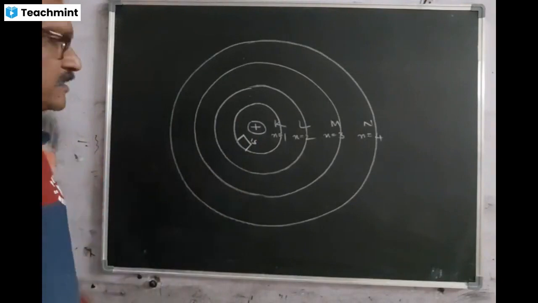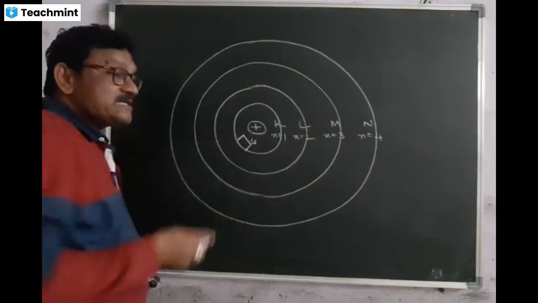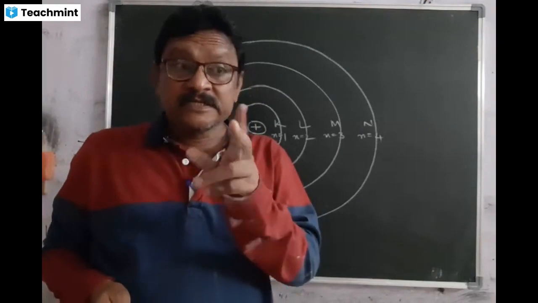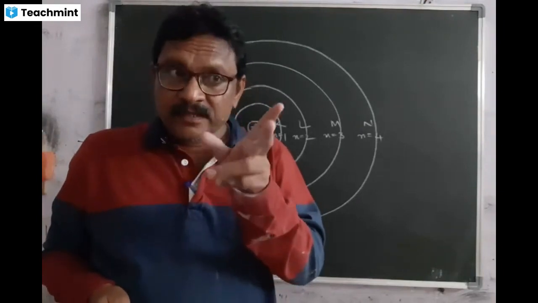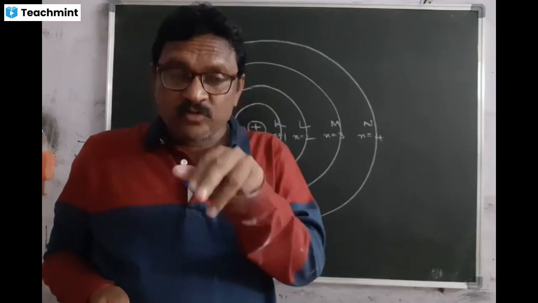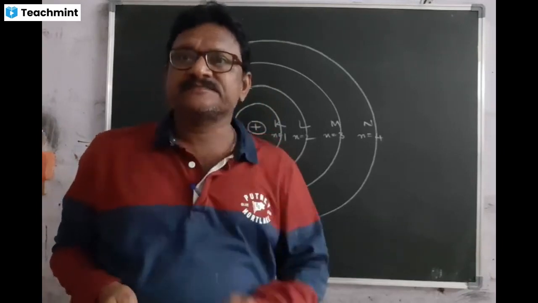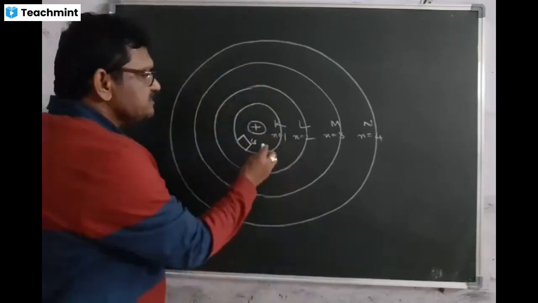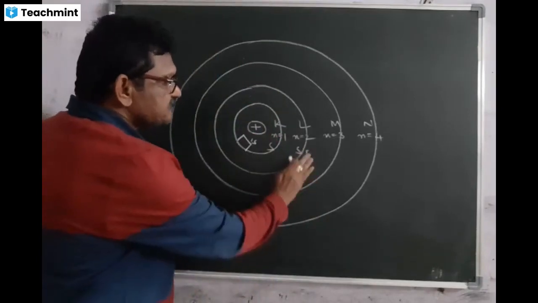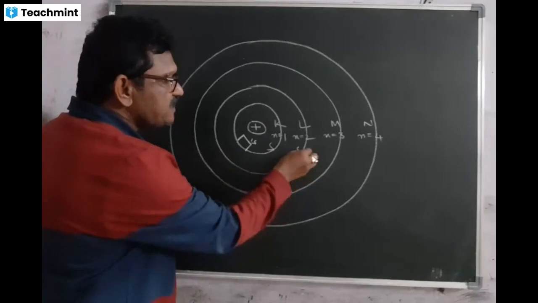For example, second shell contains how many subshells? Two subshells. What are those? s comma p.